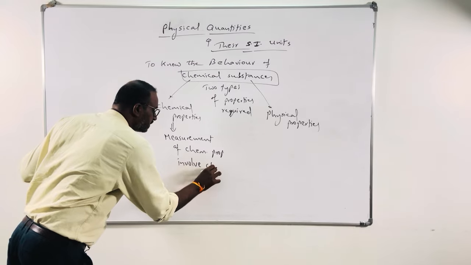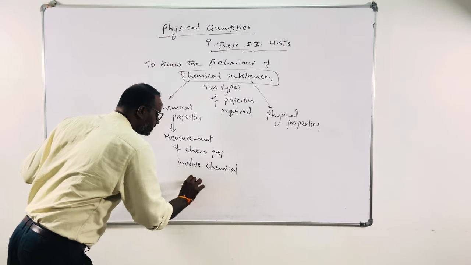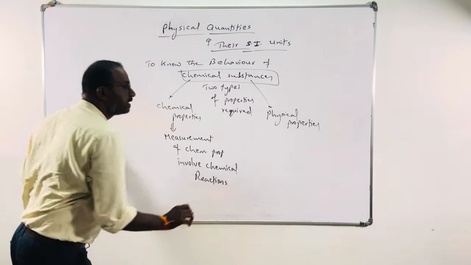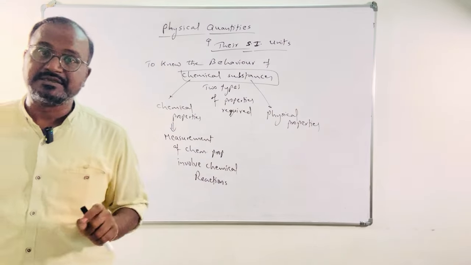Involving chemical reactions means that based on the chemical reactions we can measure the chemical properties of a substance.